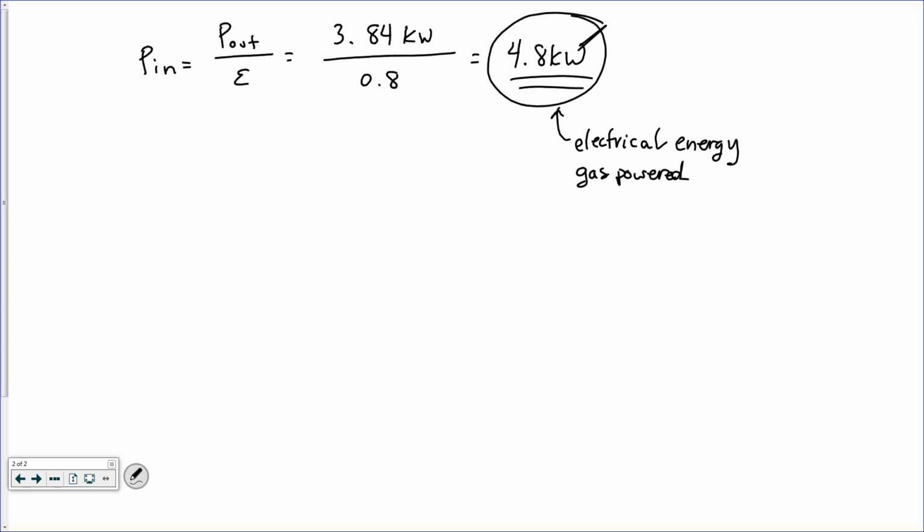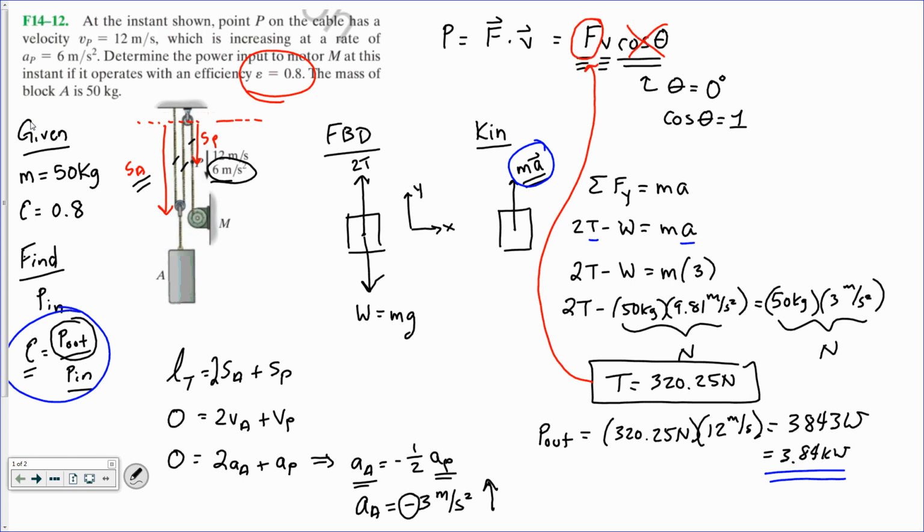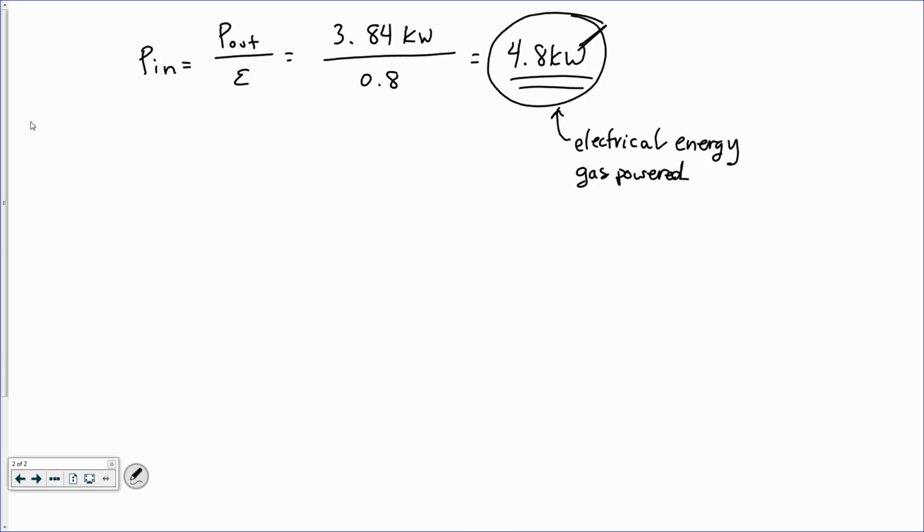Probably not, but maybe. But I need to put in 4.8 kilowatts of power if I want this system to operate as I've shown it here. Power out is 3.84, but the power in is 4.8 kilowatts. I need to put in more power than comes out because no system is perfectly efficient.